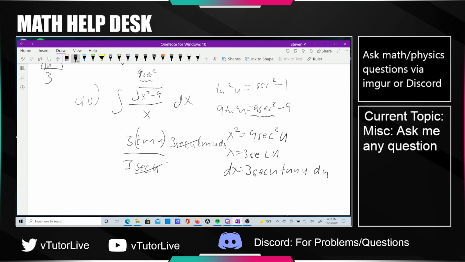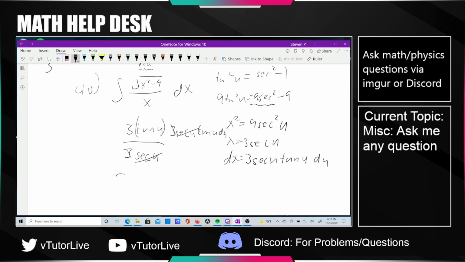So the secant cancels out, and all you're left with is the integral of 3 tan squared. Does that seem right? That's actually a little bit nasty. Let me double check my work. Yeah, it's a tan squared.